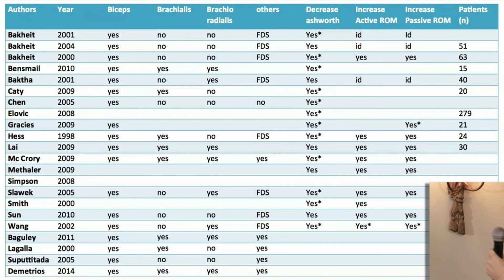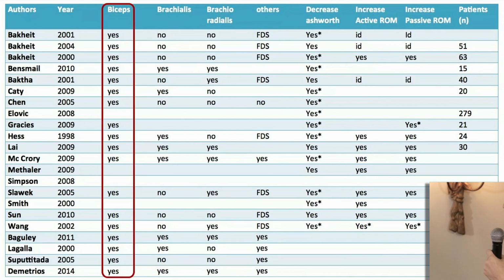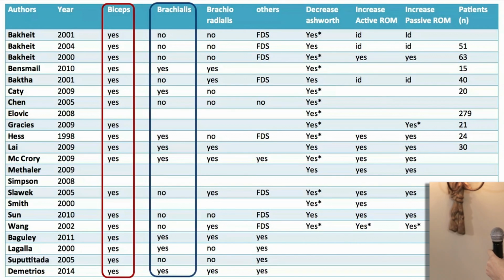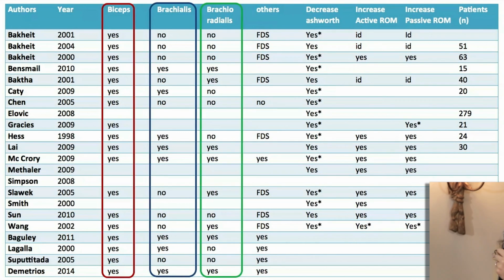This table is a review of the literature. All the authors agreed that the first muscle they inject in flexor spasticity patterns was the biceps. It was not the case for the brachialis or the brachioradialis, which were injected less than the biceps.